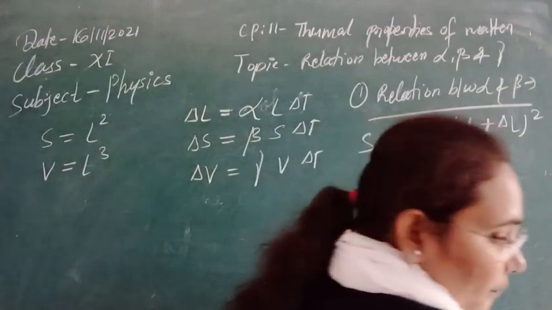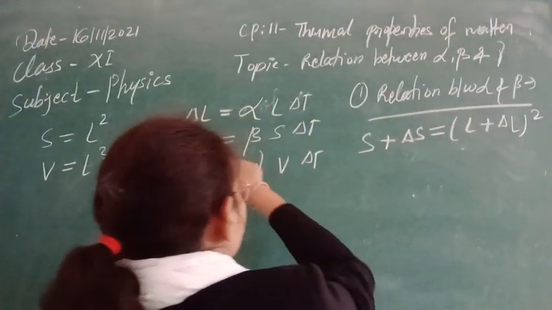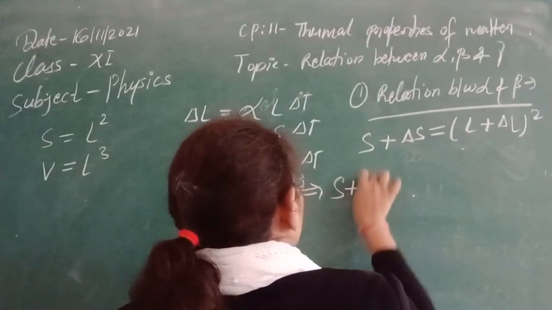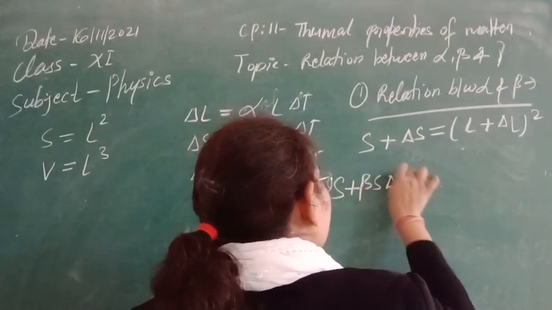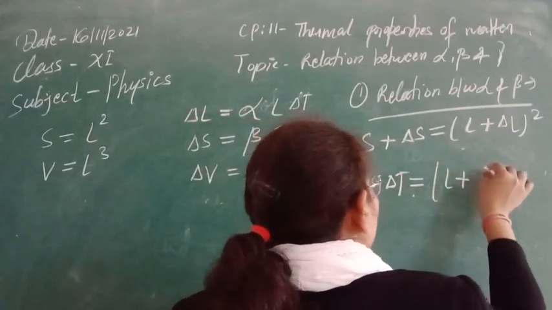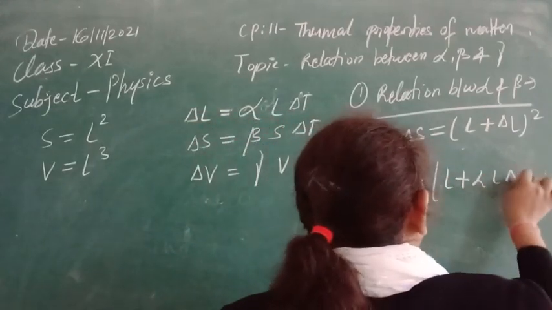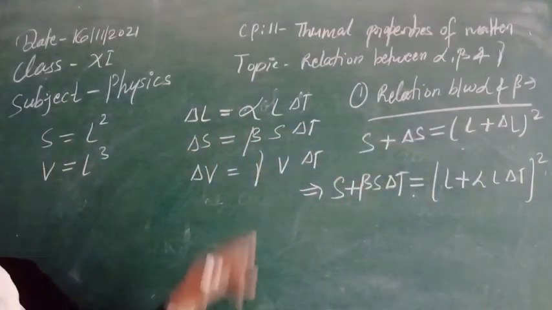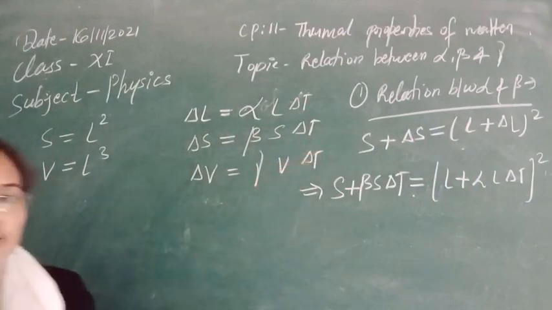Now in place of delta S we write beta S delta T on this side, and similarly on this side L plus alpha L delta T whole square, putting in the values of delta L and delta S.